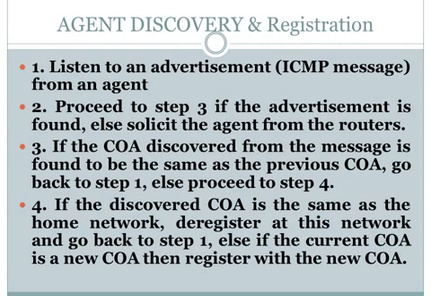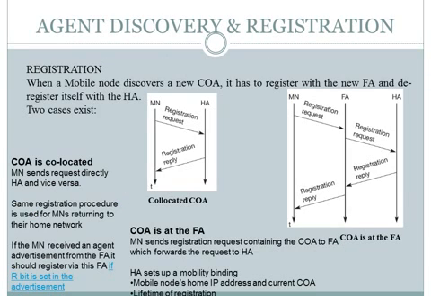So these are the steps in the agent discovery process. And here we will stop after this. Okay. And you can see we have 2 cases. One case is registration in case of co-located COA. The other is in case of foreign agent COA, different network. Okay.